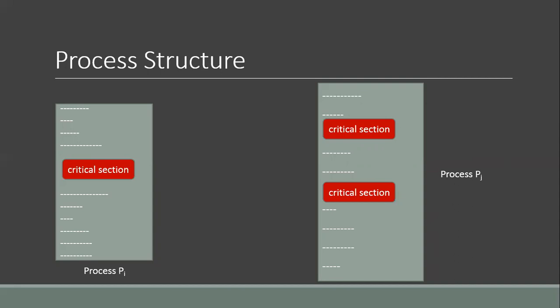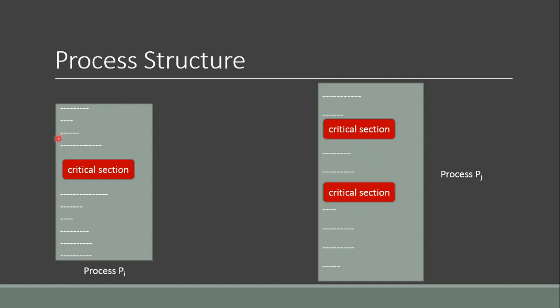As you can see, process Pi starts with the remainder section. Remember, everything apart from the critical section, entry and exit section is the remainder section. So this part of the process Pi is the remainder section.